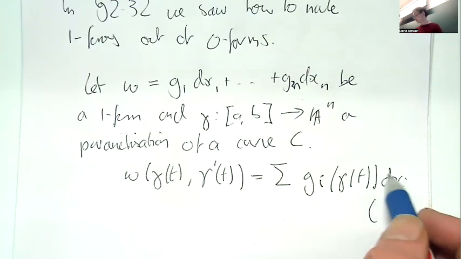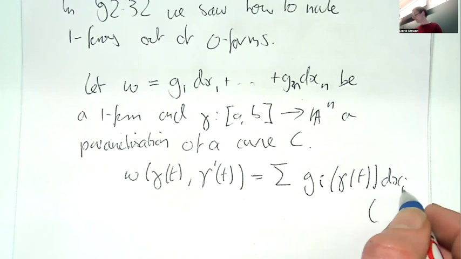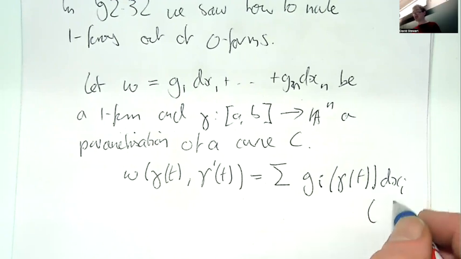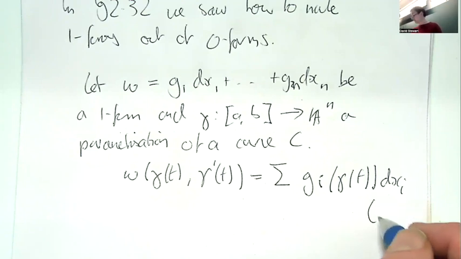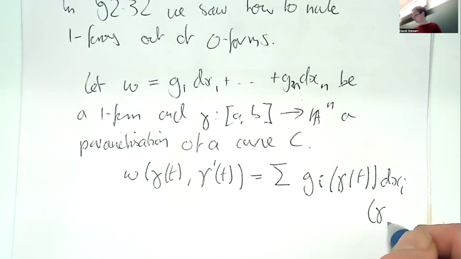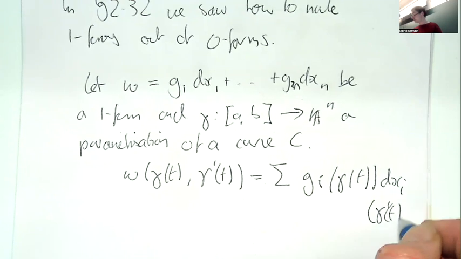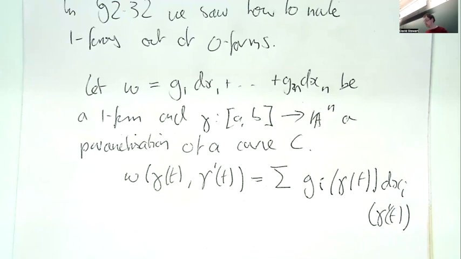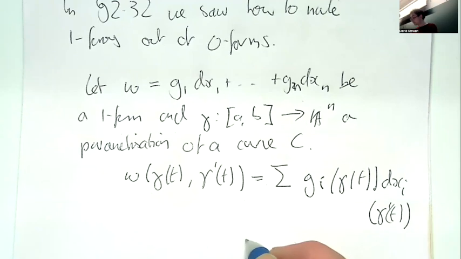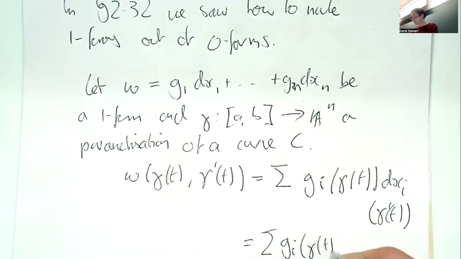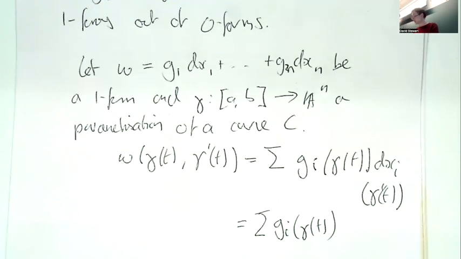This is the one form at the point P, and you've got dxi, which we're thinking of as a function on tangent vectors, of gamma dash of t. By definition, what this is the sum of gi, again, just at the point gamma of t, times gamma i dash of t.